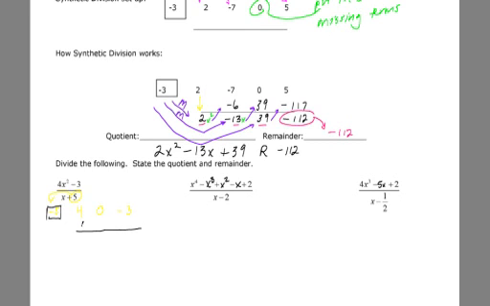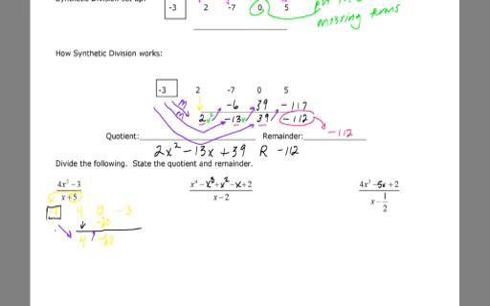So the first thing we said was to drop that front coefficient down. Then we do a series of multiplications and additions. So we'll multiply these two. Negative 5 times 4 is a negative 20, and we put that number above the line. Adding those two together, we get negative 20. Now let's multiply again.